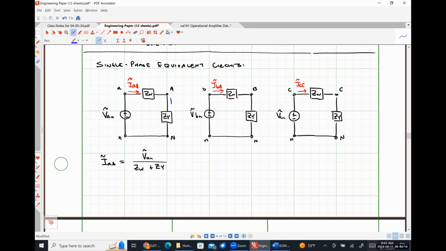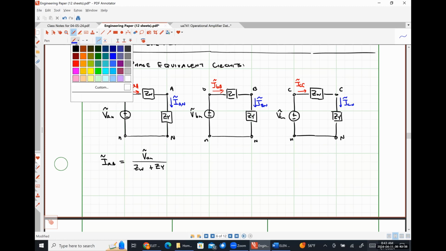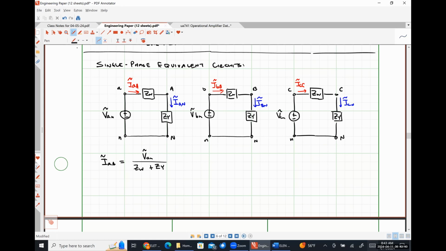What about this phase current IAN, or these equivalent phase currents IBN? So is this one going to be negative IAA or is it not? It's in the same direction, so it's going to be the exact same thing. So our phase current through the load is literally just going to be the exact same thing.